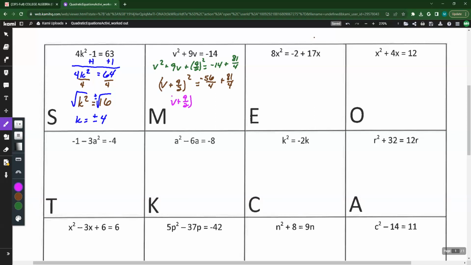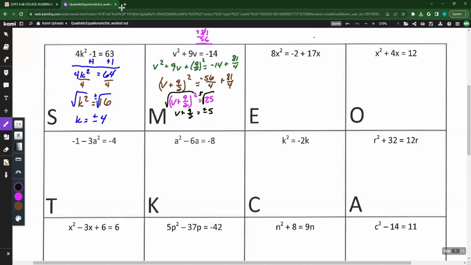I know, it's a fraction. We love it. Equals 81 minus 56. 81 minus 56 is 25. So it kind of works out nice anyways. I like 25. I now square root both sides, plus or minus. So I have v plus 9/2 equals plus or minus 5.